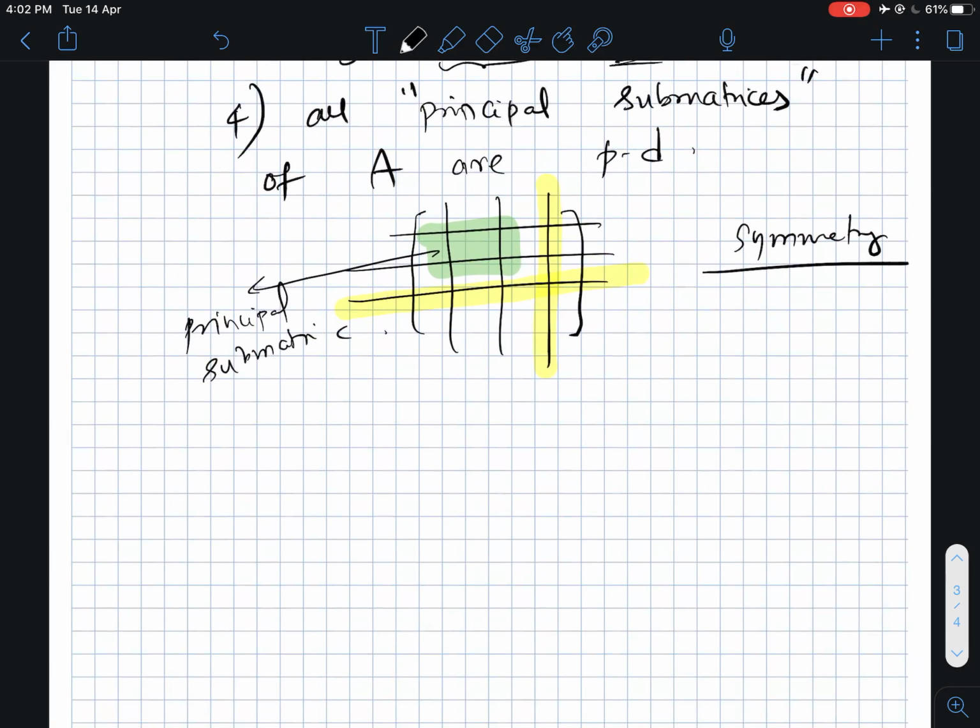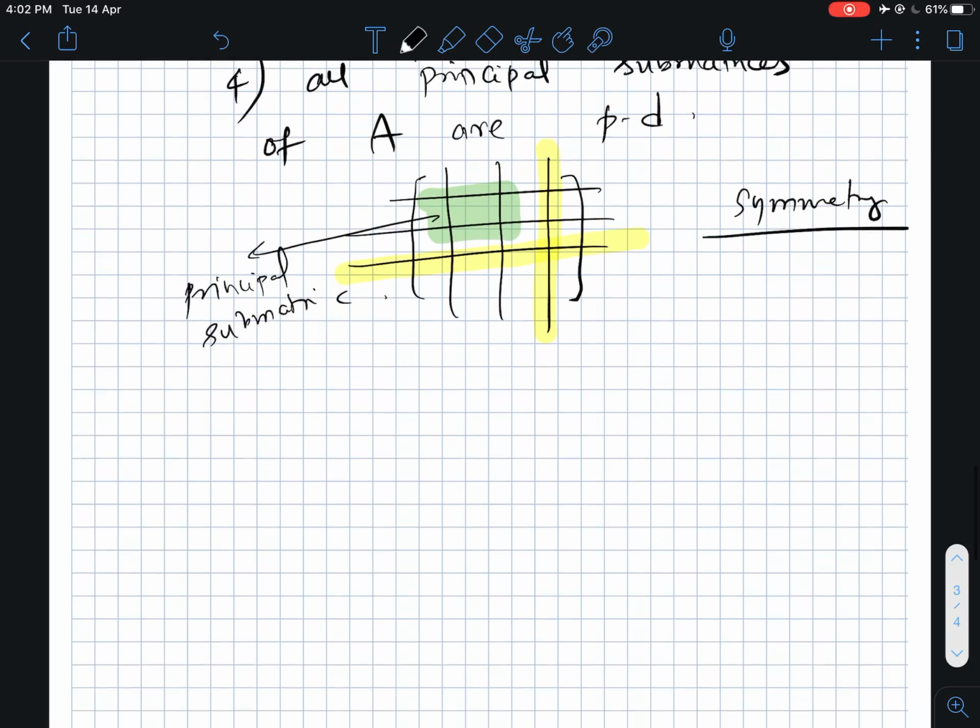To retain symmetry, you have to remove the same index rows and the same index columns. So these are what we'll call principal submatrices. Now what we are saying is that if A is positive definite, then every principal submatrix is also positive definite. That's a very important property of positive definite matrices.